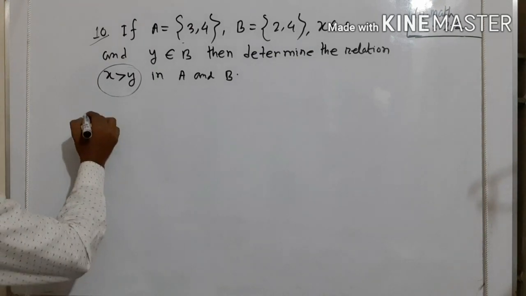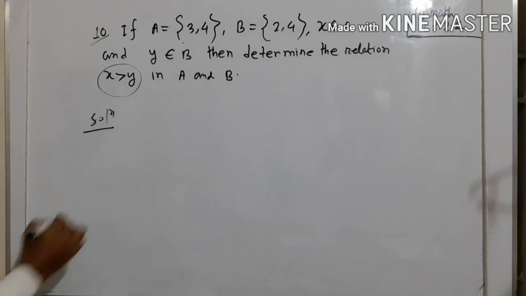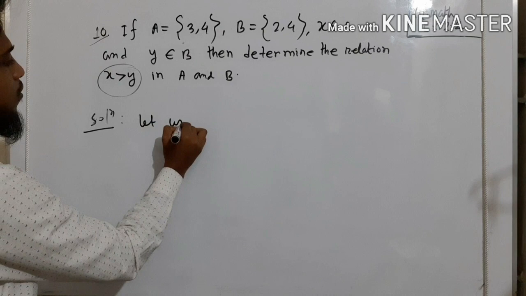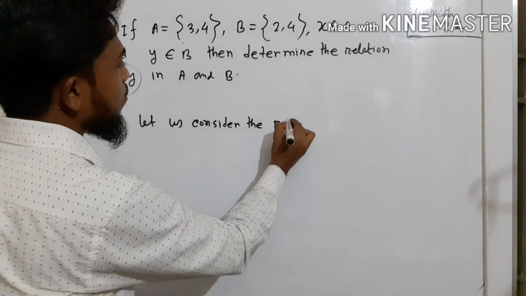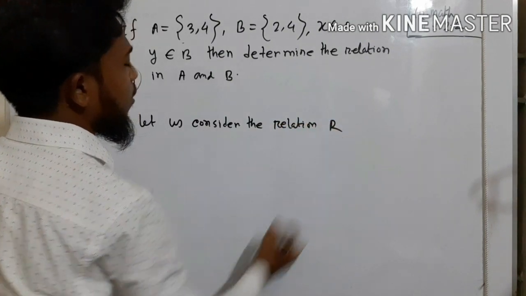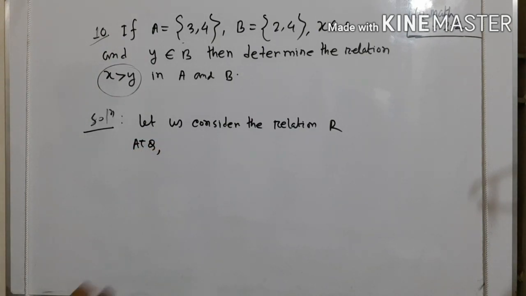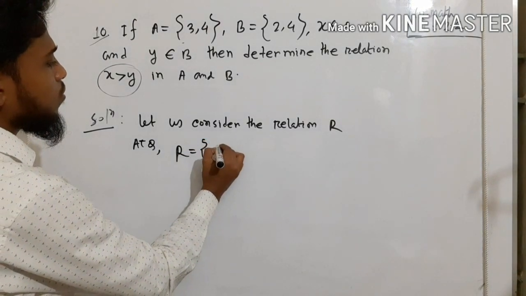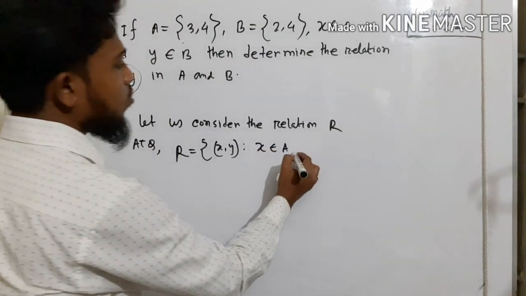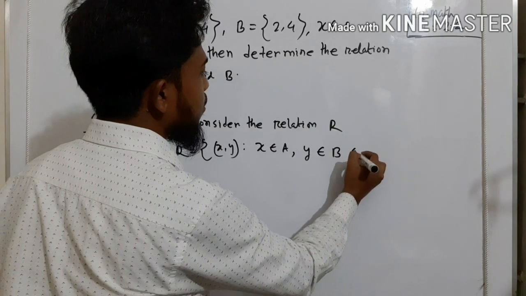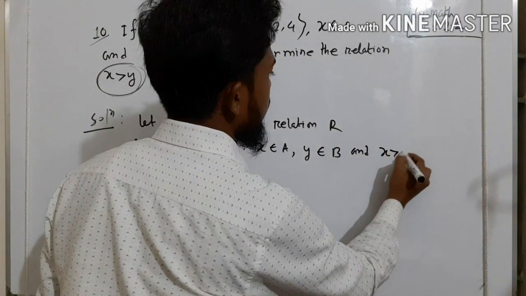So look, let us consider the relation R. According to the question, R equals {(x, y) such that x is in A, y is in B, and our condition x is greater than y}.